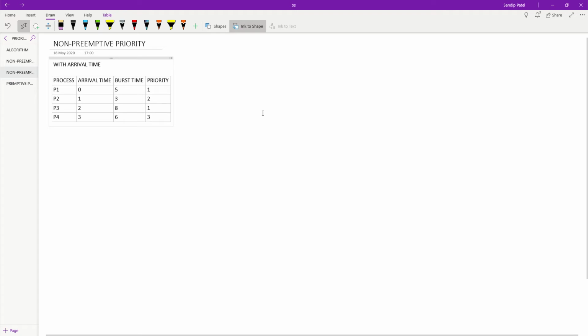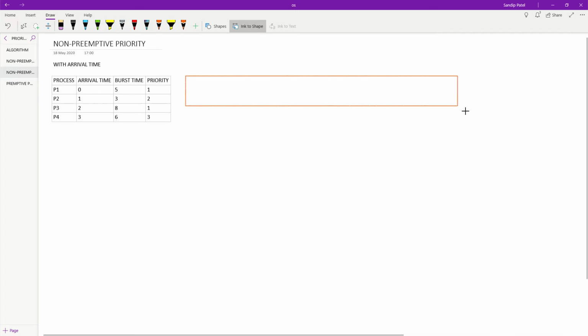That's the way we execute the processes and draw the Gantt chart. So we will draw the Gantt chart for this non-preemptive priority algorithm.